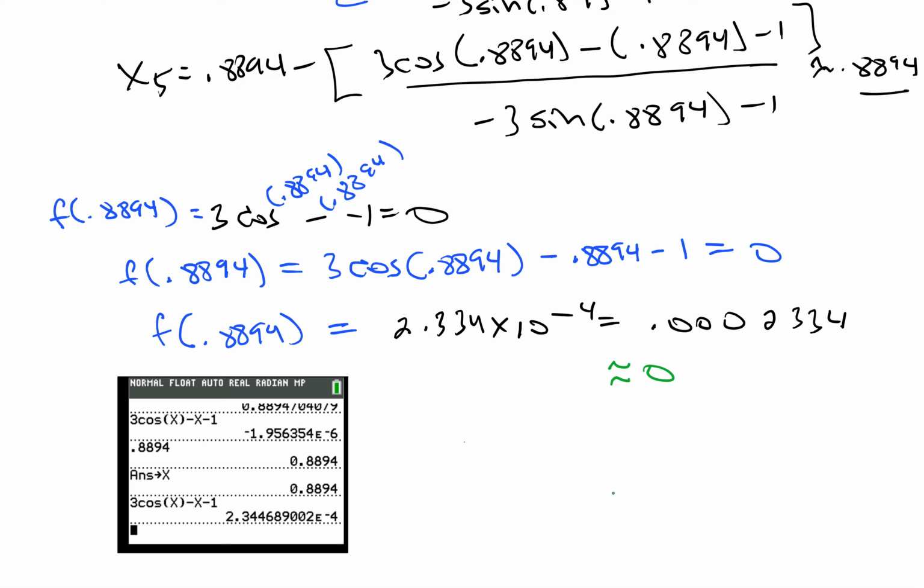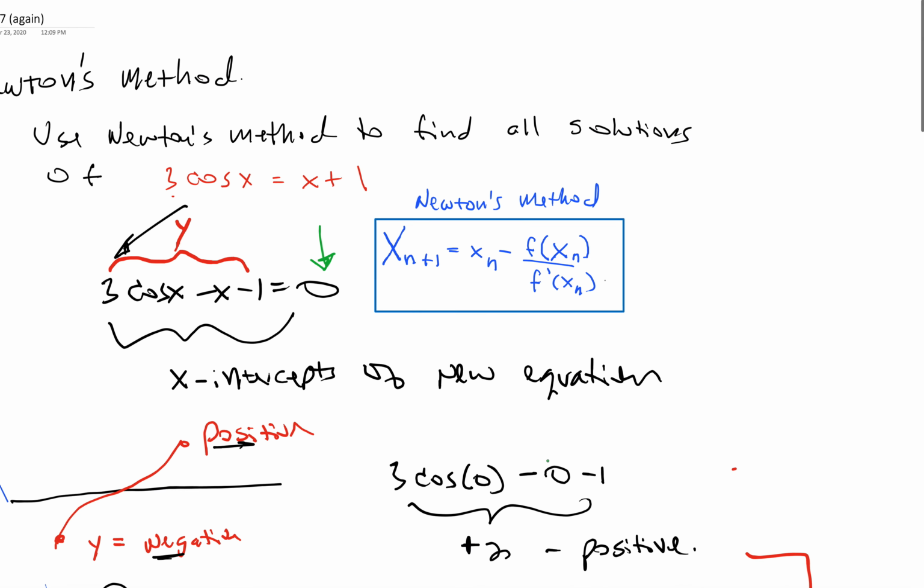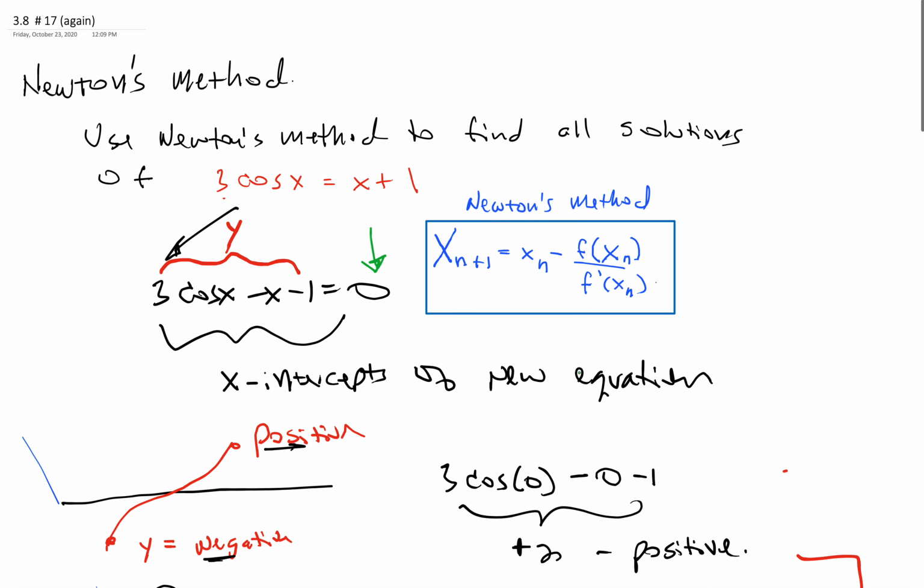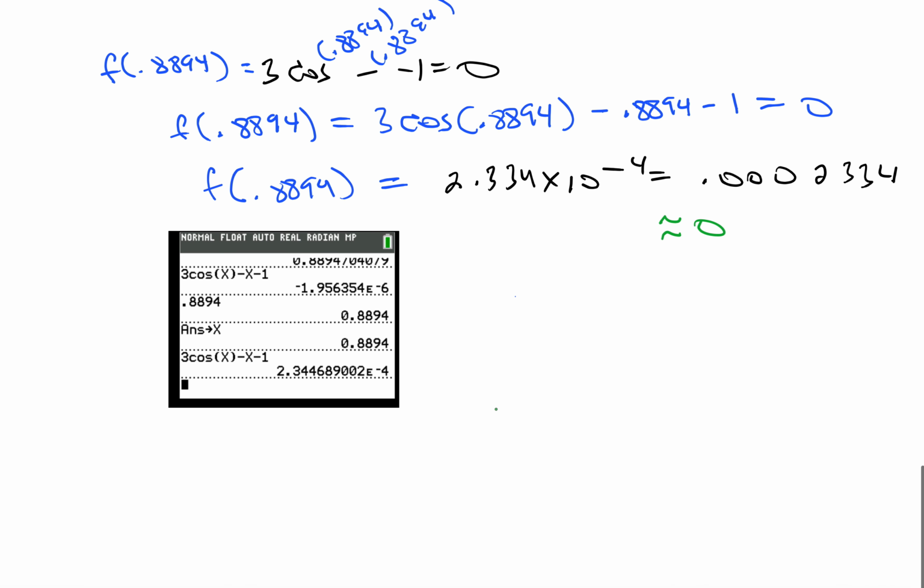So what are they asking us to do? Let's go back up. They're asking us to find all the solutions. Okay, hold on. So we found one of the solutions.